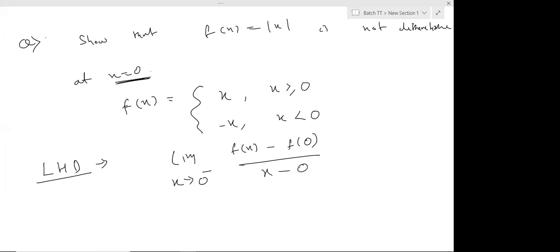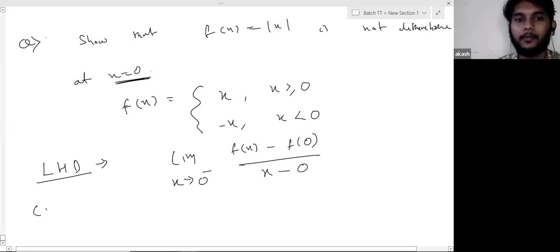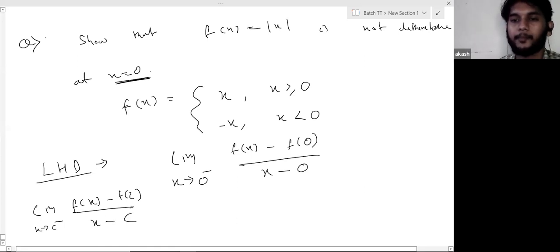Yes. Look at the formula for LSD. We have limit x tending to c minus f of x minus f of c upon x minus c. Right, Kinza? Yes or no?